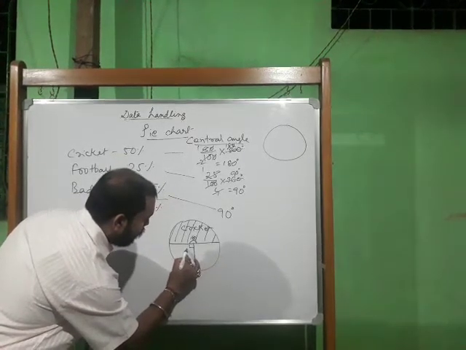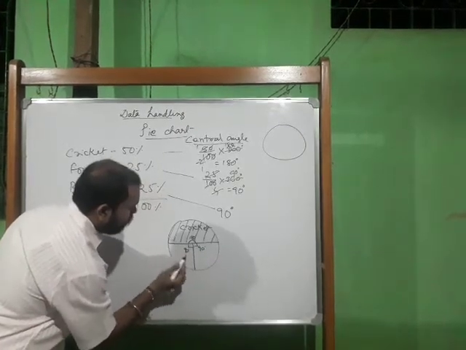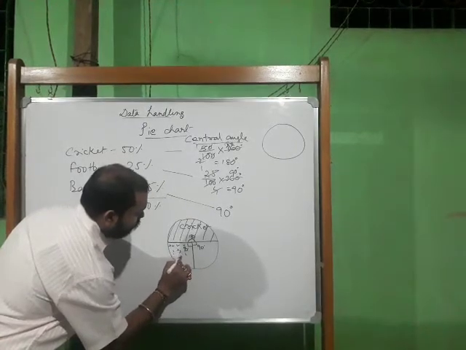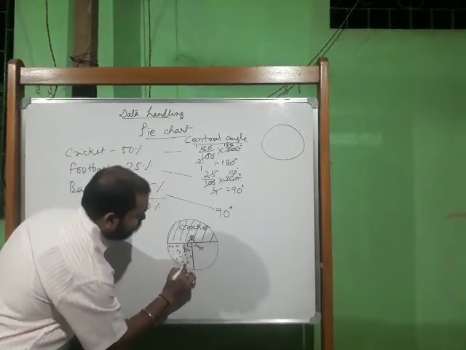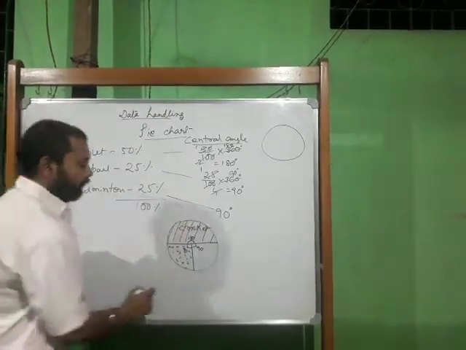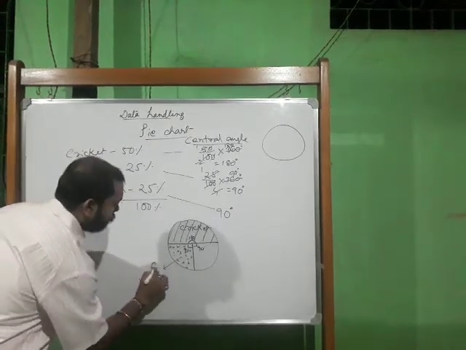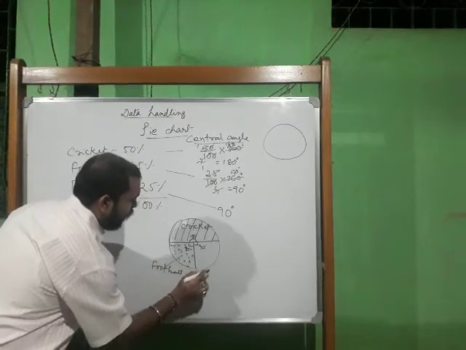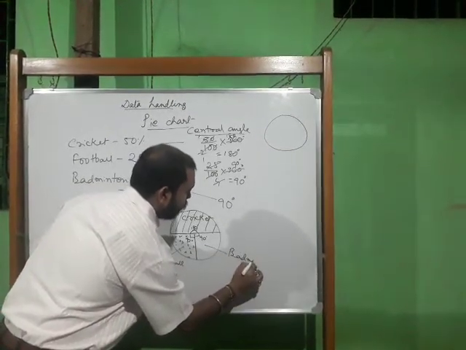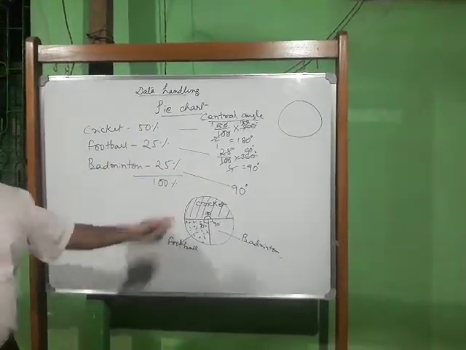This is 90 degrees and this is also 90 degrees. Then you draw some designs so that you can differentiate these sectors. This is the sector for football, and this is badminton. In this way we can draw a pie chart.